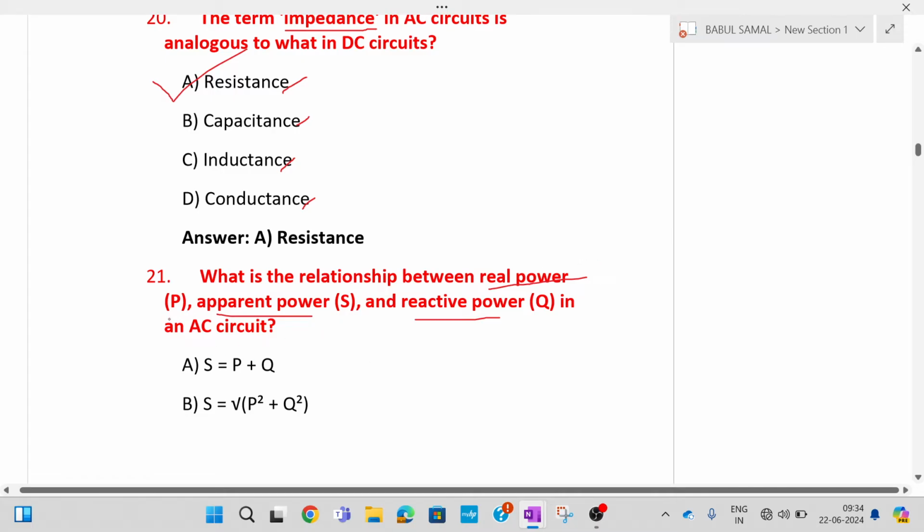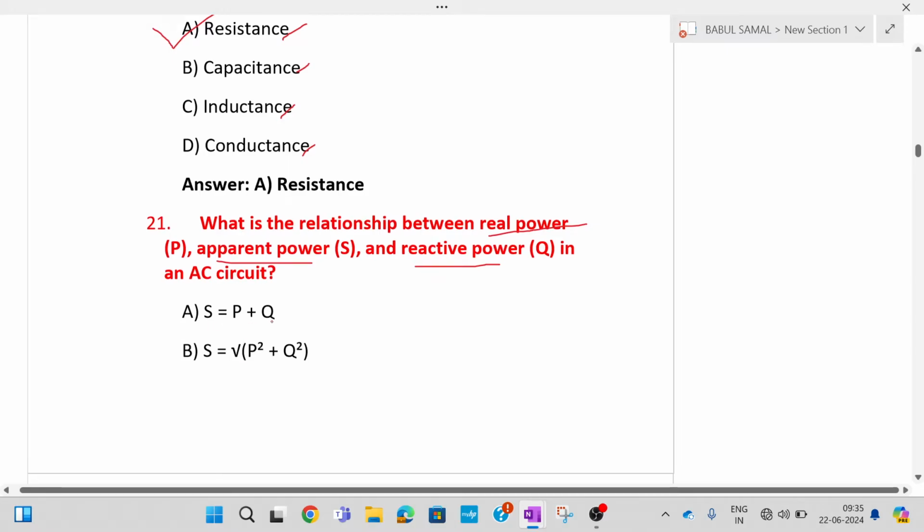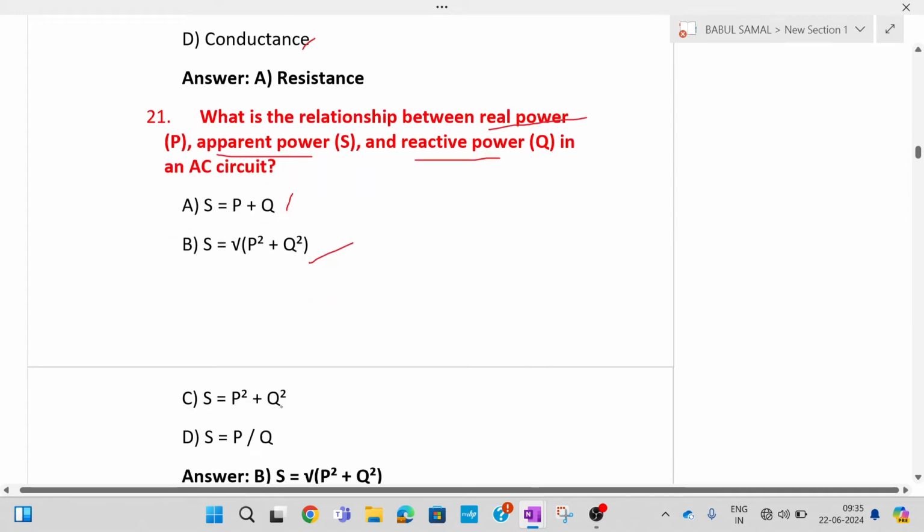Real power is denoted by capital P, apparent power by capital S, and reactive power by capital Q. Options are: S is equal to P plus Q, S is equal to square root of P square plus Q square, S is equal to P square plus Q square, S is equal to P by Q. So option B, S is equal to square root of P square plus Q square, will be correct.